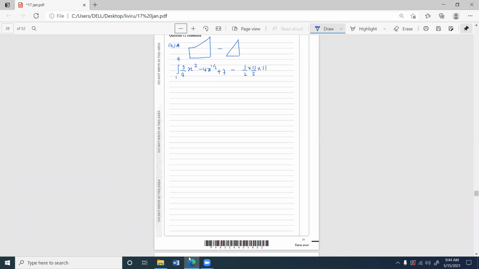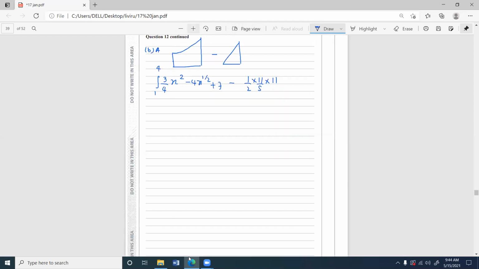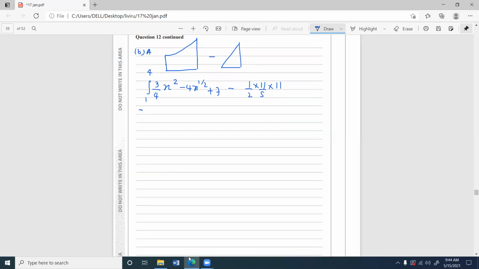So if you do this integration, you get 3 over 4 x to the power 3 over 3 minus 4 x to the power 3 over 2 over 3 over 2 plus 7x from 1 to 4, minus this, which is 121 over 10. If you simplify, it turns into x cubed over 4 minus 8 over 3 x to the power 3 over 2 plus 7x, from 1 to 4. So substitute 4 at the upper bound and subtract 1 at the lower bound, then you get the final answer.